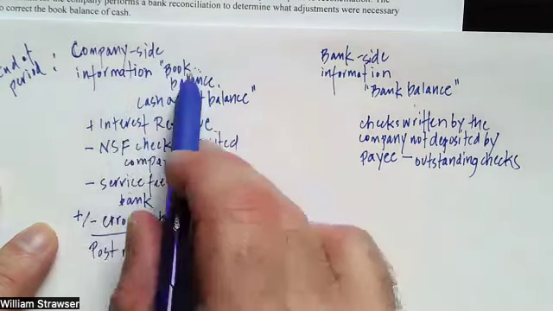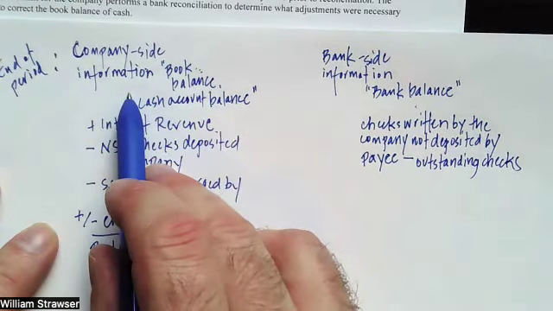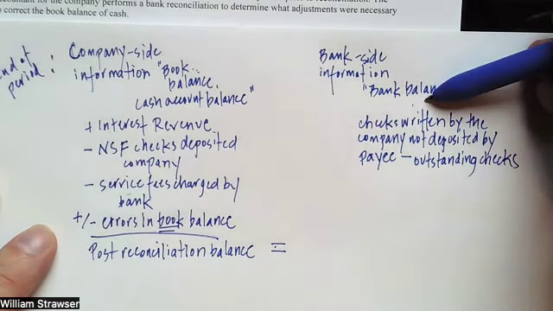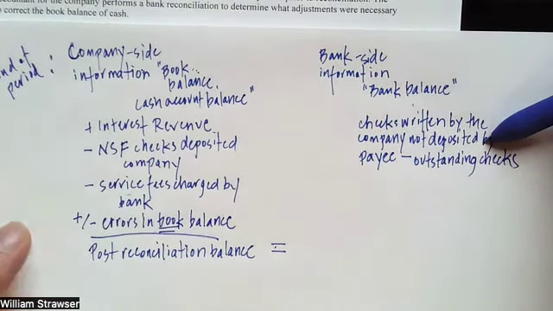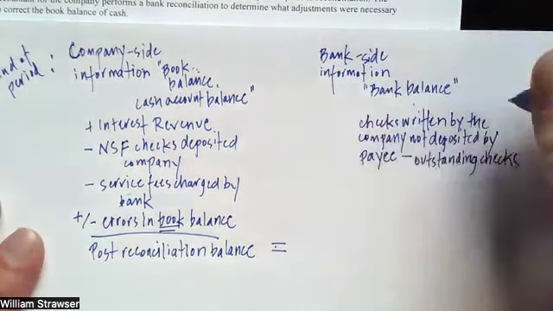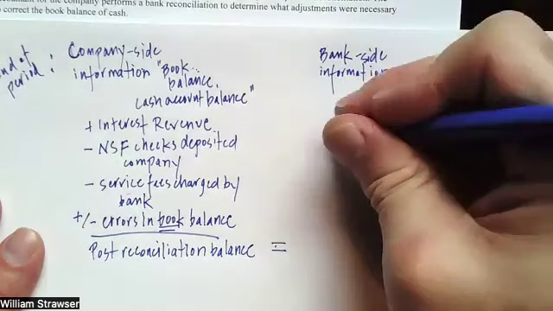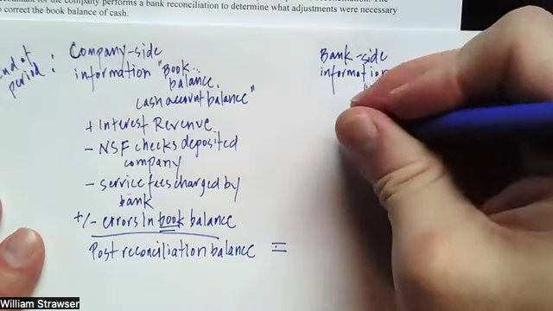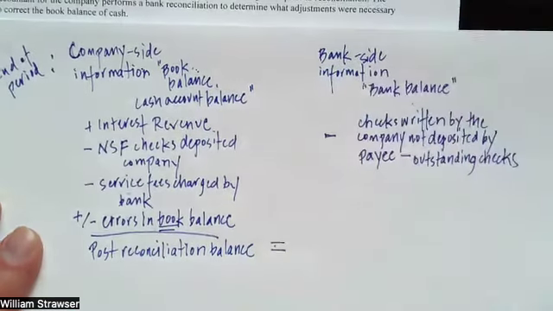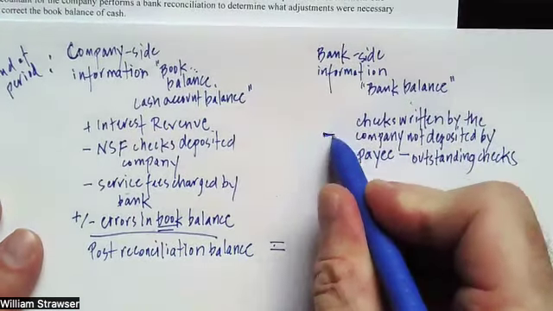So it is in this book balance that we wrote a check. Where it might not yet appear is on the bank side of things. Because if the person to whom we wrote that check has not deposited it, then the funds won't have been withdrawn from my account. So when these checks that we wrote clear, they will reduce our bank account balance and take away from it. So we subtract that. That should be a subtraction.